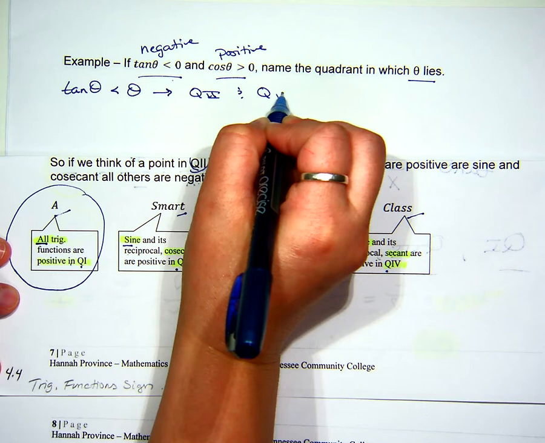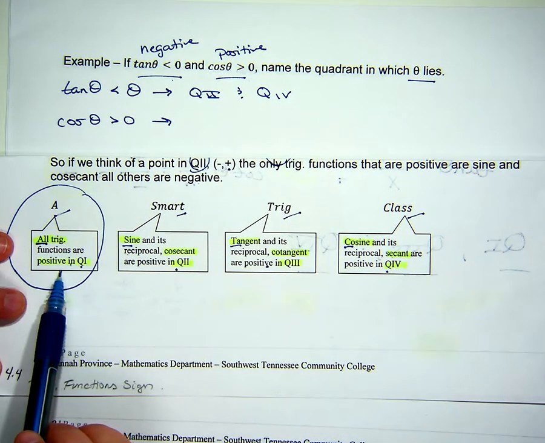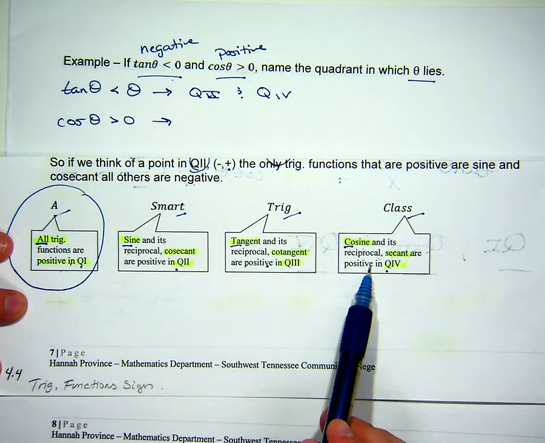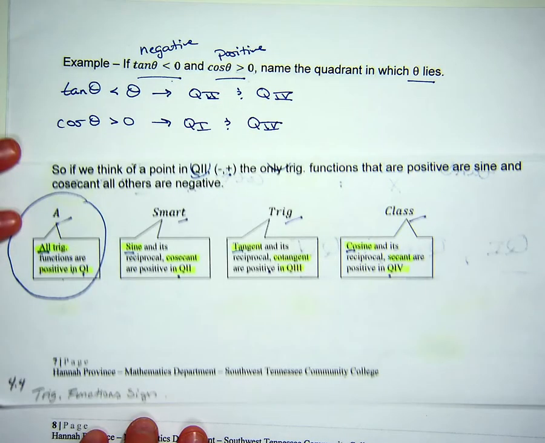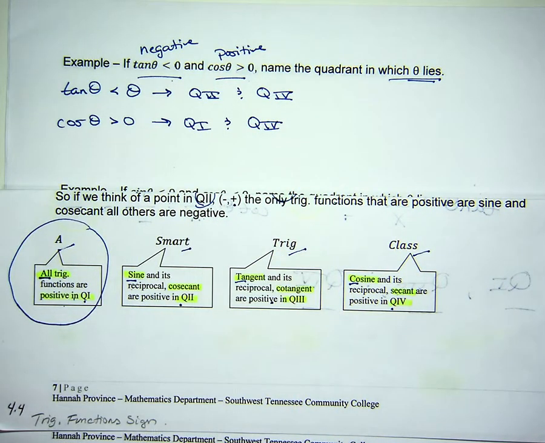Cosine theta positive. Where is cosine theta positive? Quadrant 1 and quadrant 4. So where would theta lie if both of these things were true? Well, what quadrant shows up in both?